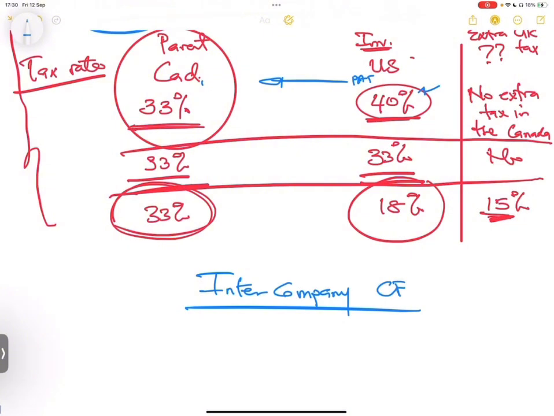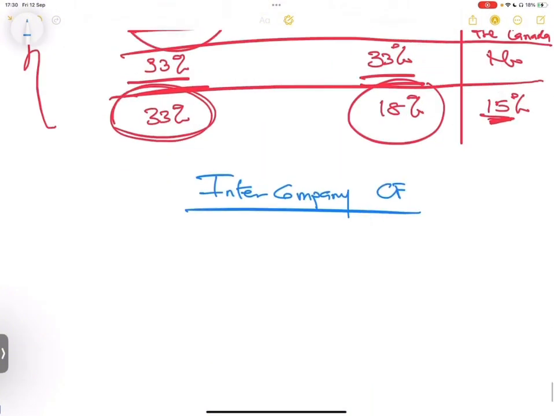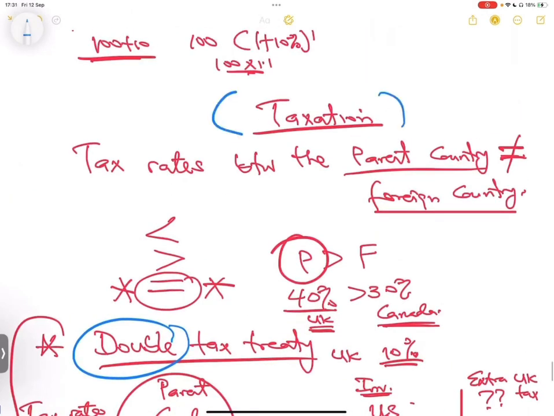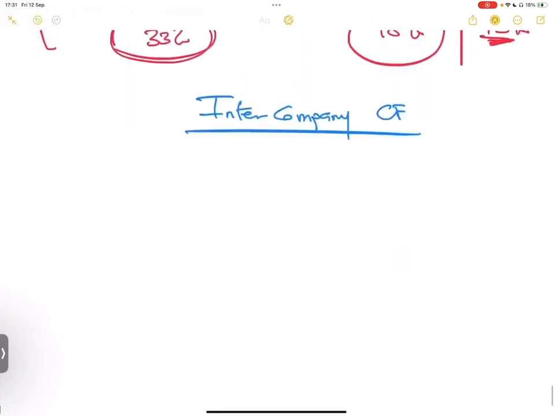What they try to do with this type of question, when you have intercompany cash flow, is tell you that there is a payment from one company to a subsidiary. So it's now possible that the tax treatment, remember we're still on taxation, might be different in those two jurisdictions.